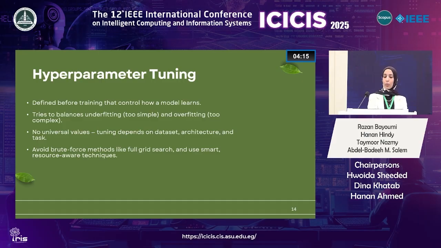Their values control whether there will be underfitting or overfitting, and there are no universally correct values for hyperparameters, because the values mainly depend on the dataset, architecture, and the task itself.